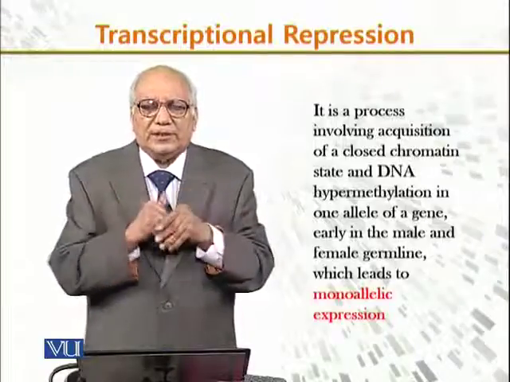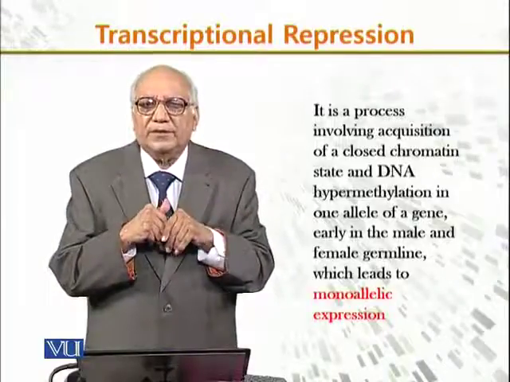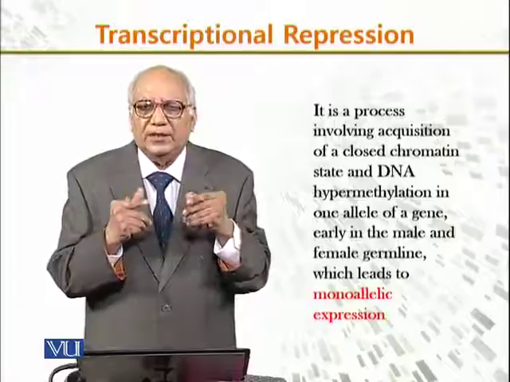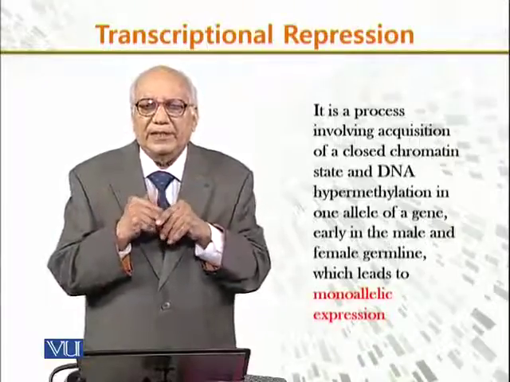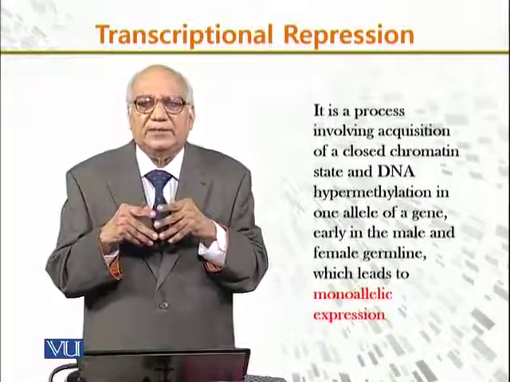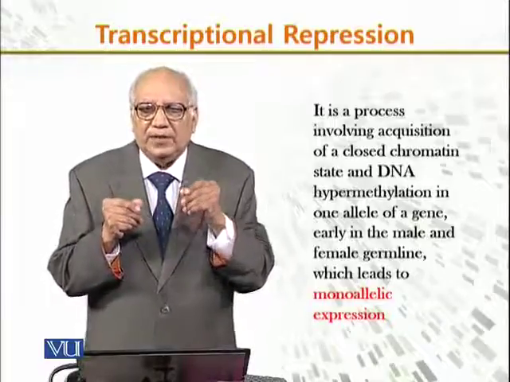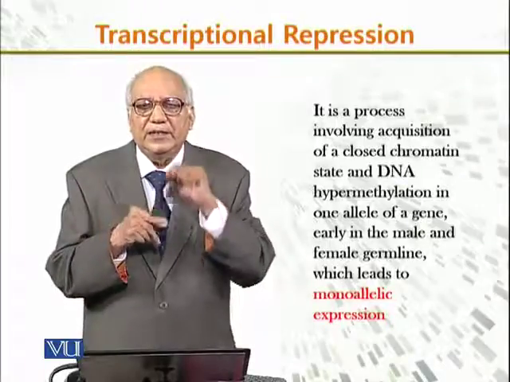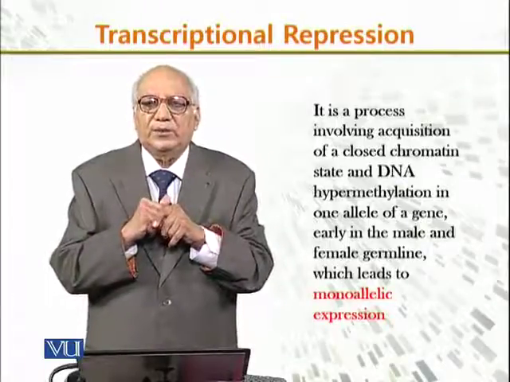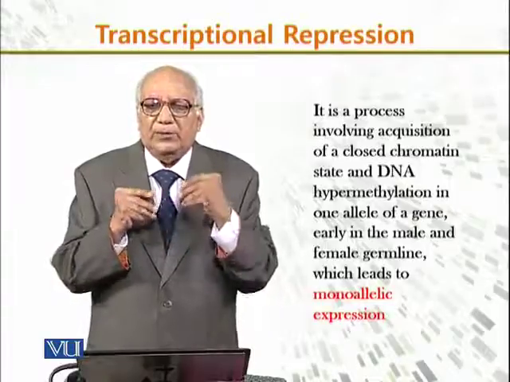Now, this process involves an acquisition of a closed chromatin state and DNA hypermethylation in one allele of a gene. जीन के एक allele में ये methylation हो जाती है. कब होती है?